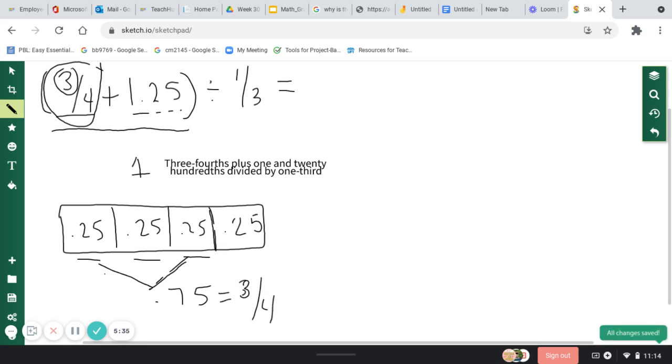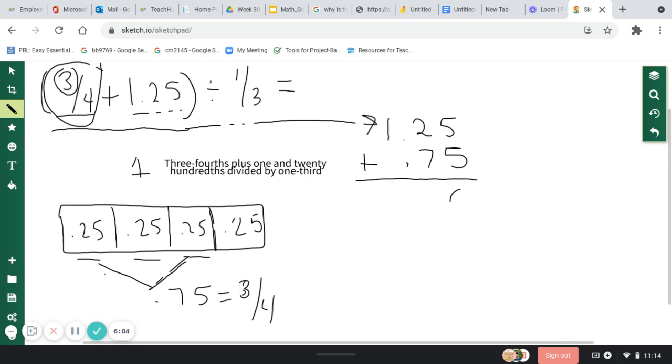So that's what we're going to add to 1 and 25 hundredths. So let's line that up, because when we add decimals, we have to make sure that everything is lined up.